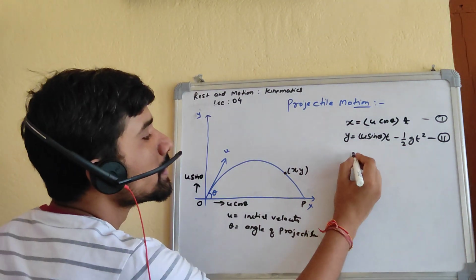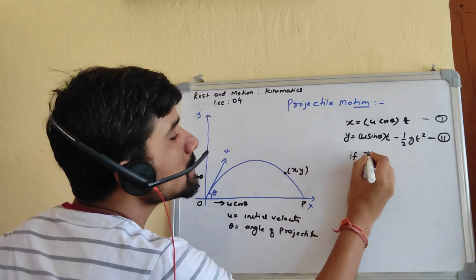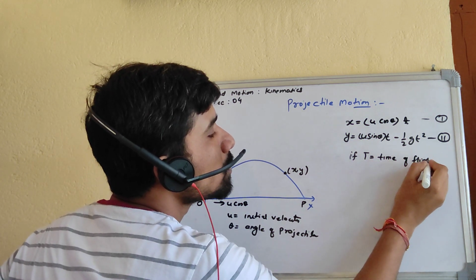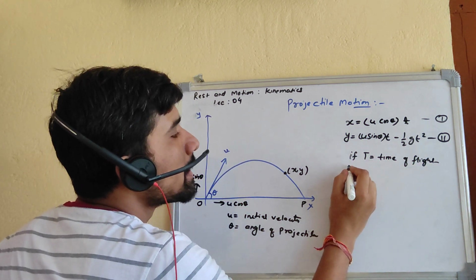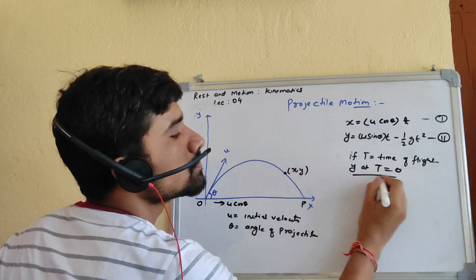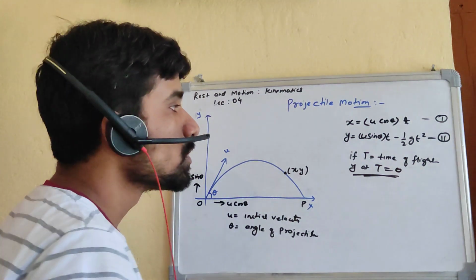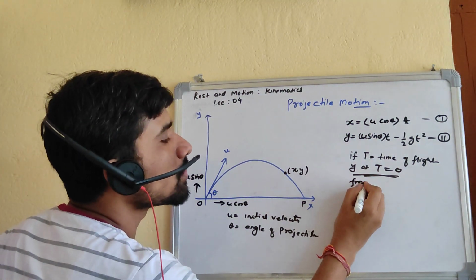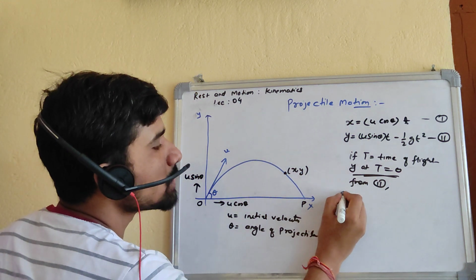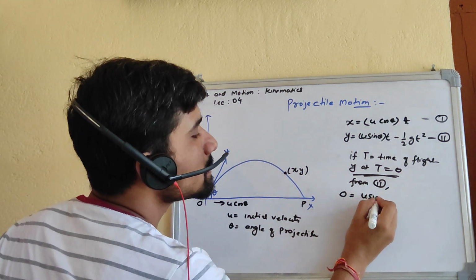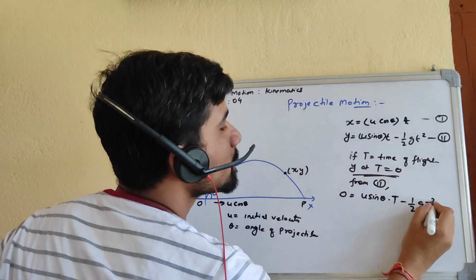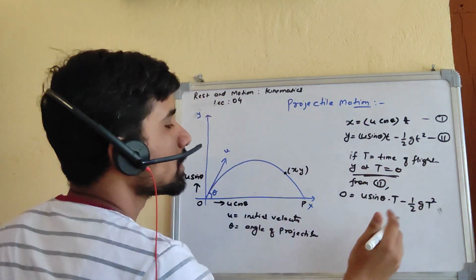So if T is my time of flight, then y at T is equal to 0, right? If I use the second equation here, placing y as 0 and t as capital T, which is the time of flight, it becomes 0 equals u sin theta T minus half g T square.